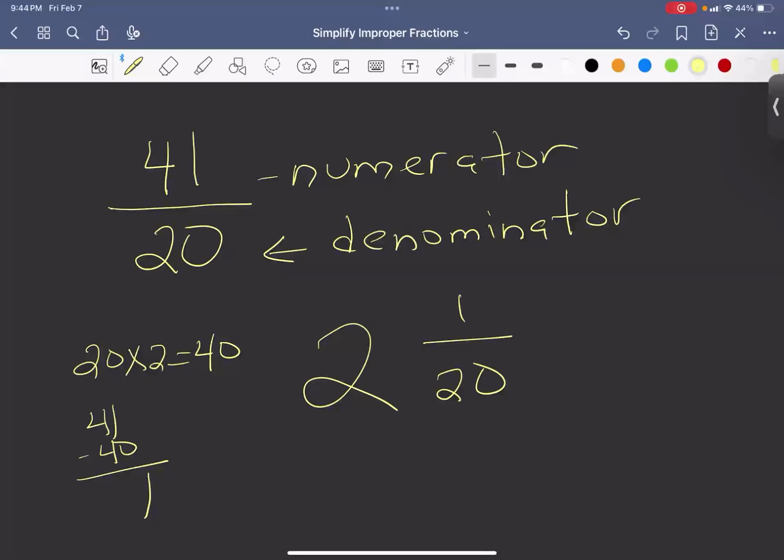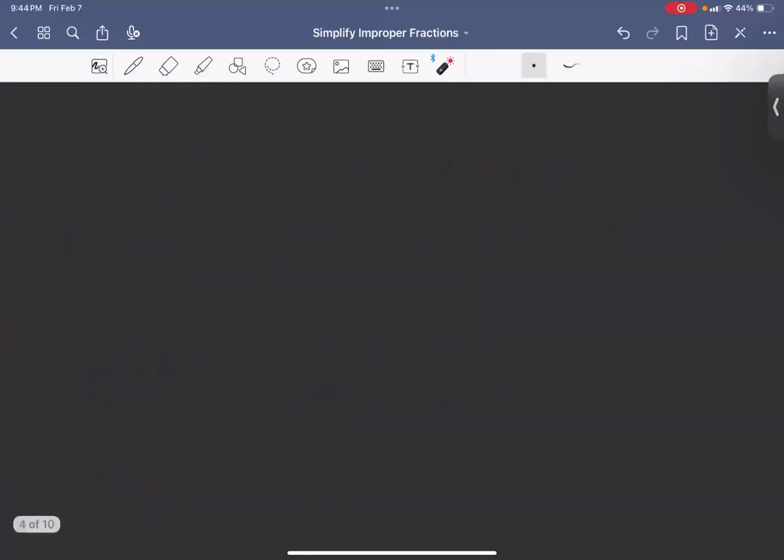And if I want to check my answer, I just multiply. 20 times 2 is 40, and 40 plus 1 is 41, which gives us 41 over 20. Let's say we had 45 over 15.